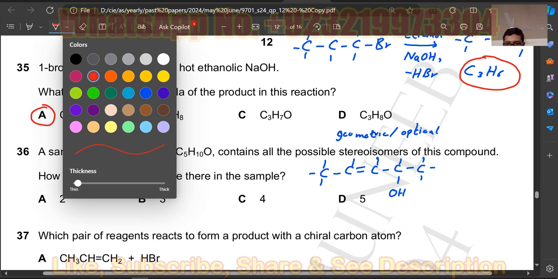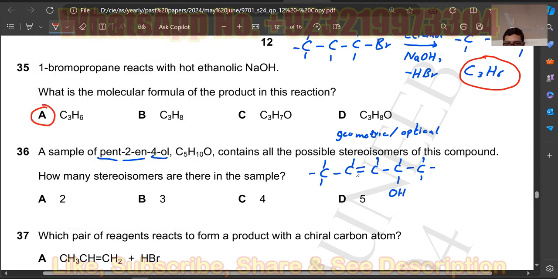As you can see here, there is a double covalent bond, and in this compound the one I have drawn has hydrogens on the upward side, and this carbon has another group of CH3, and this carbon has this whole group as one.